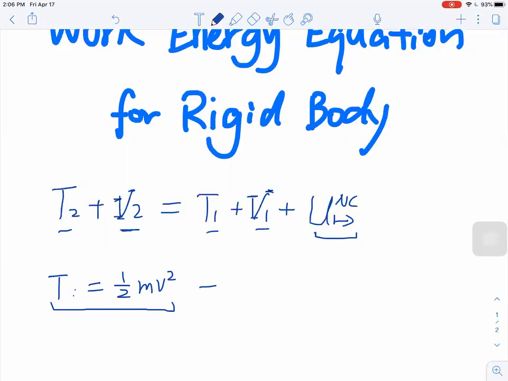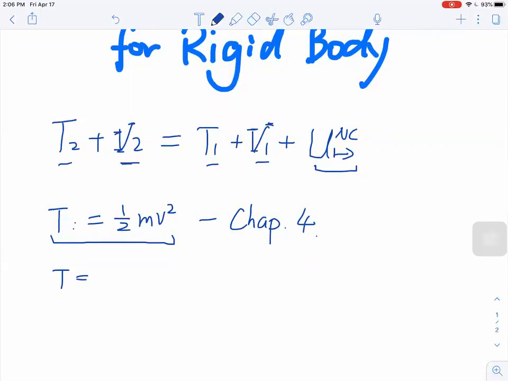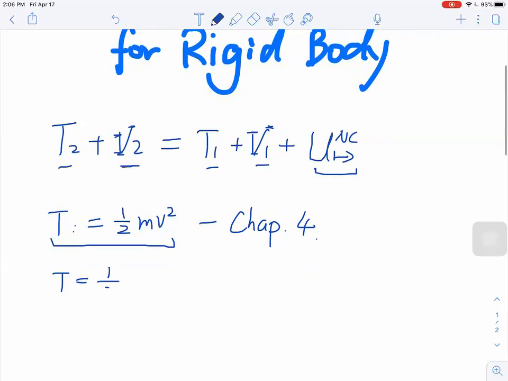That's in chapter 4. In this chapter, our kinetic energy includes 1/2 mv squared.